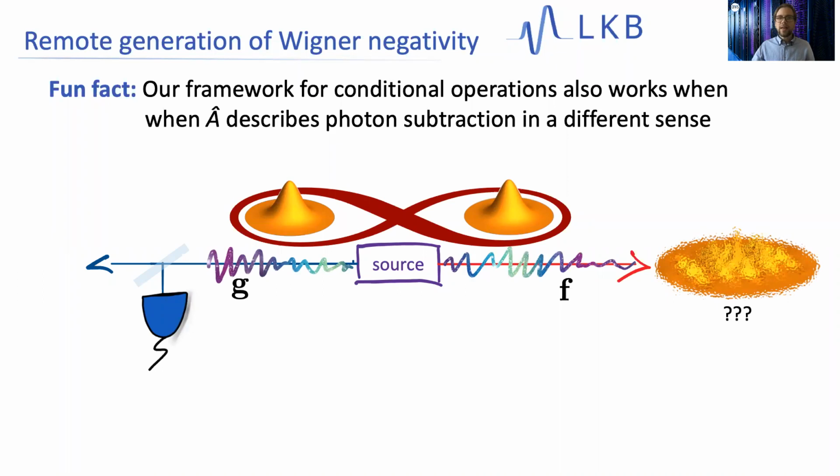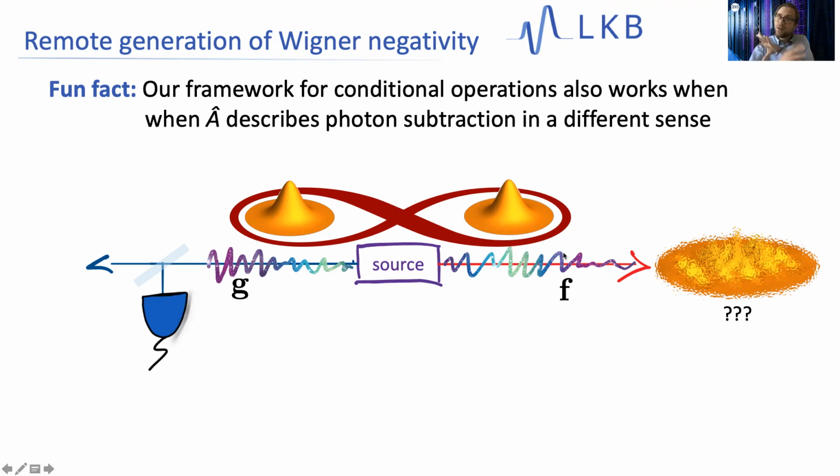I can take G not as the auxiliary mode on which I mount my beam splitter to do the photon subtraction, but I could take G directly to be the mode in which I subtract the photon, and the photon subtraction as a whole as being the conditional operation that I apply. So this means that I'm going to look at the Wigner function now of the other modes.